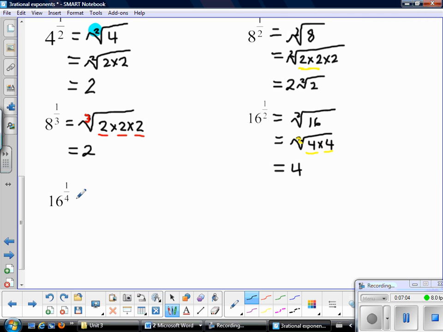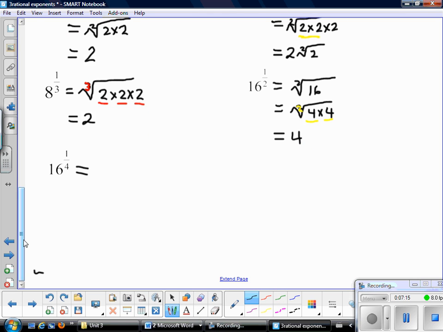Okay, and here's another one. So 16 to the 1/4 this time. So I'm looking at the fourth root. So again, what I do here is I can write it in this root notation. And what that would be is the fourth root of 16. So I have to put the little 4 here. Now remember that 4 can't be located here, can't be located there.